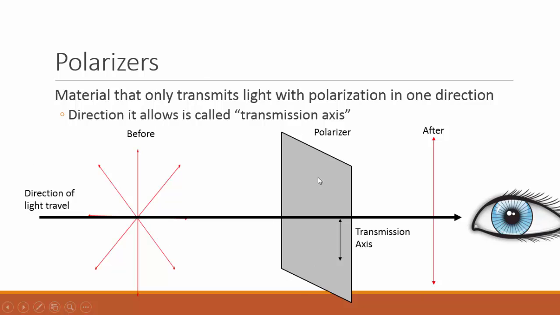So the light beforehand might have polarizations in all directions. The light afterwards only has light in the same direction as the transmission axis. And so the way that it's said is that it polarizes light. So unpolarized light becomes polarized light as it goes through a polarizer. Okay?